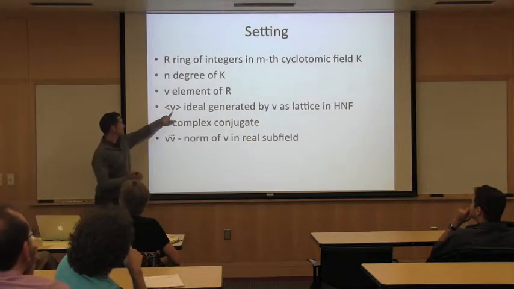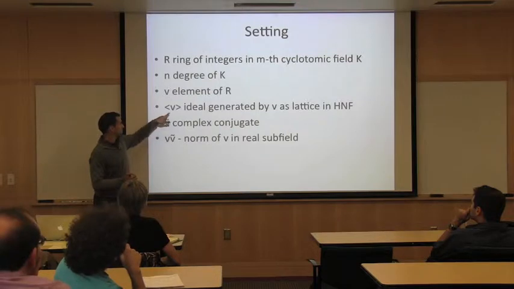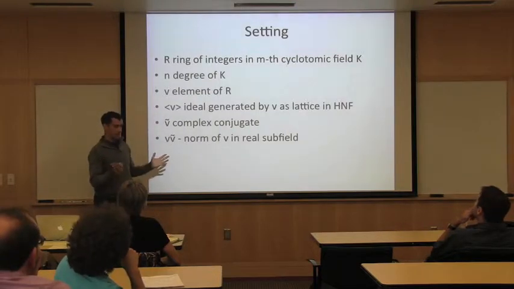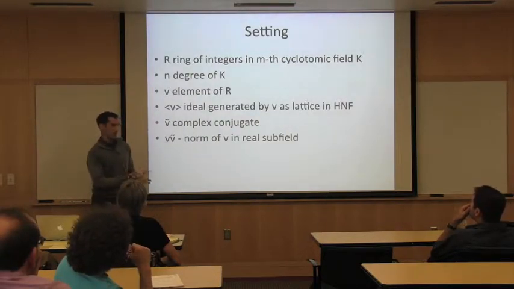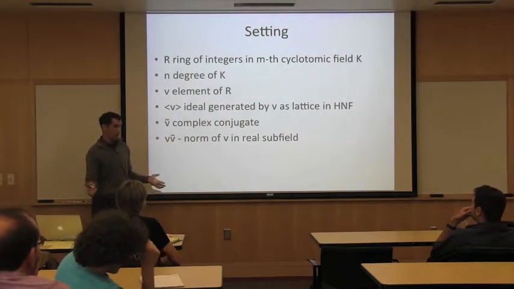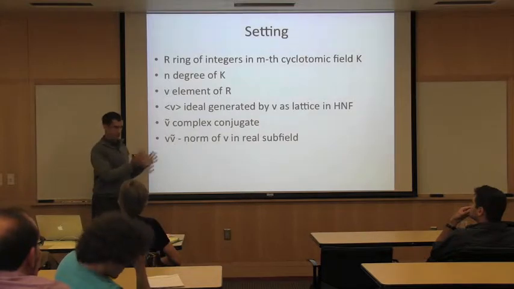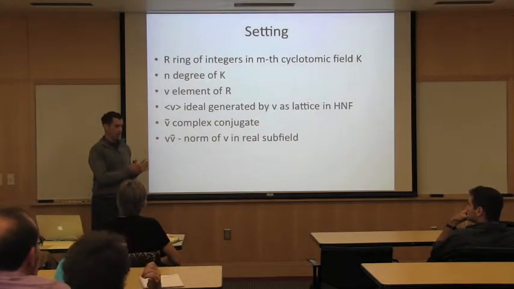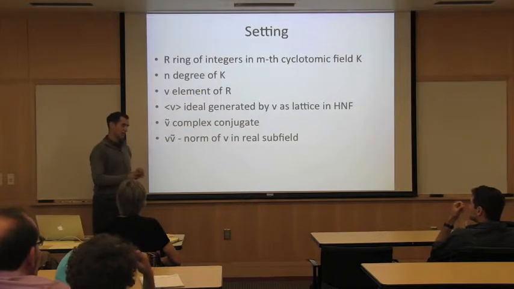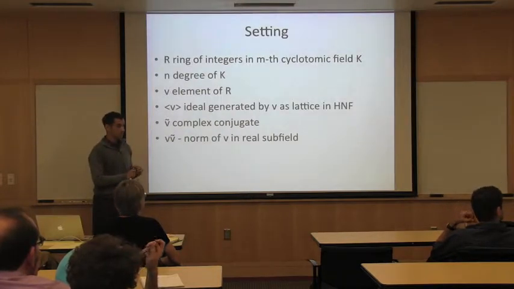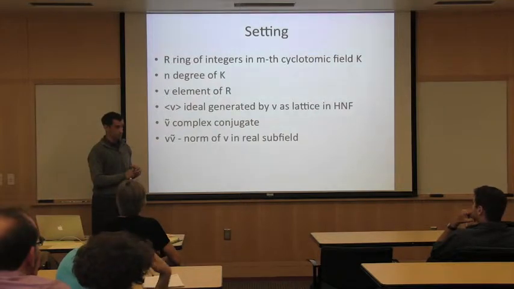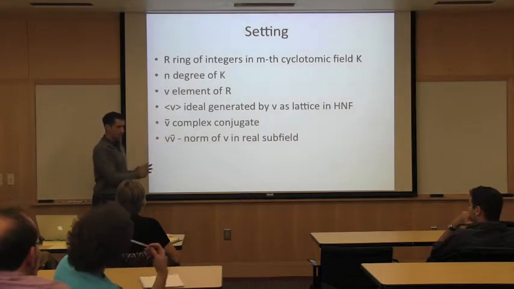What I'm talking about here is if you have an element with the coordinate embedding 1, x, x squared, then you've got a presentation as a sublattice of Z to the n. So that's the only time Hermite normal form can come up. Or you can express it with respect to any Z basis of the ring of integers. Sure. Okay. Right. So the Hermite normal form isn't so important for anything, really.